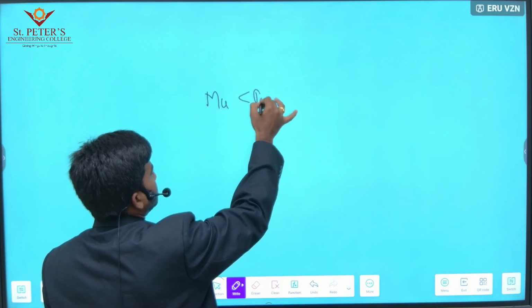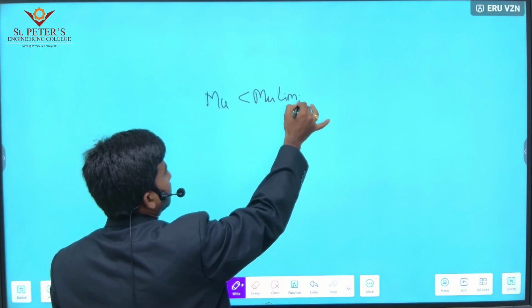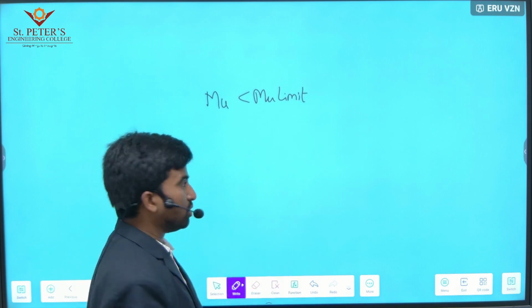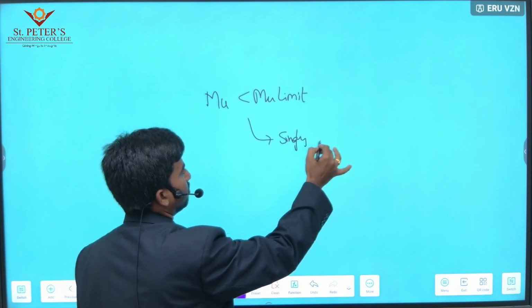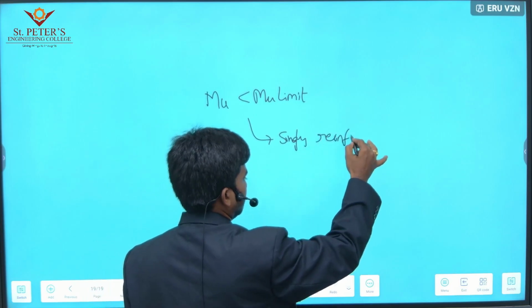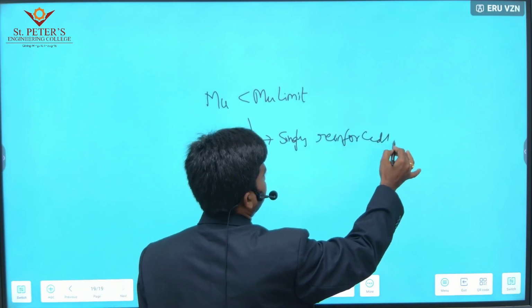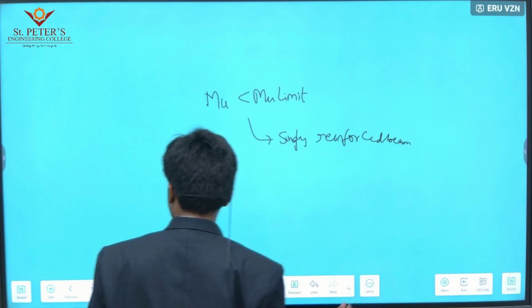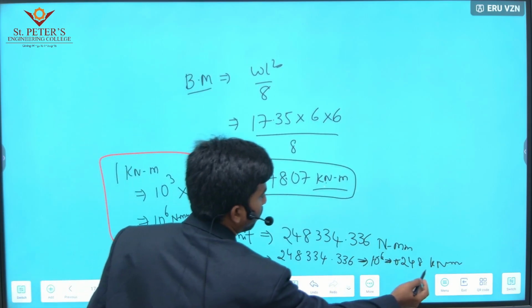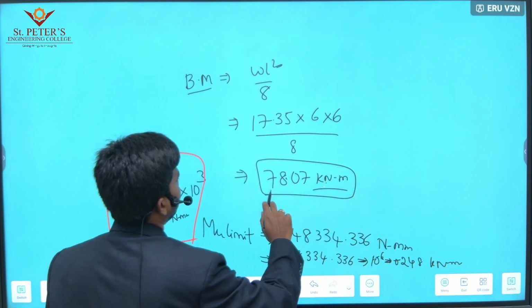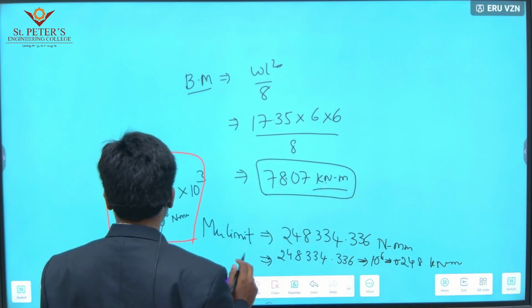Basically Mu less than Mu limit is nothing but a singly reinforced beam. Here we got 0.248 kilonewton meter, and Mu is less than Mu limit.